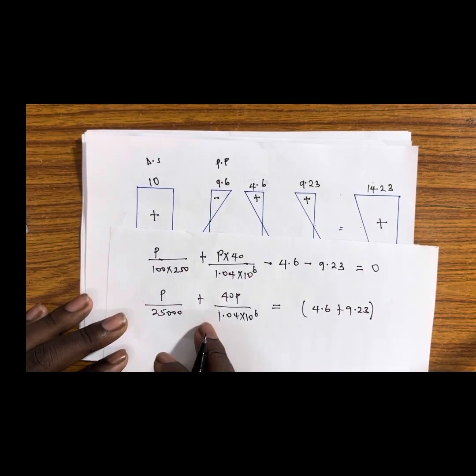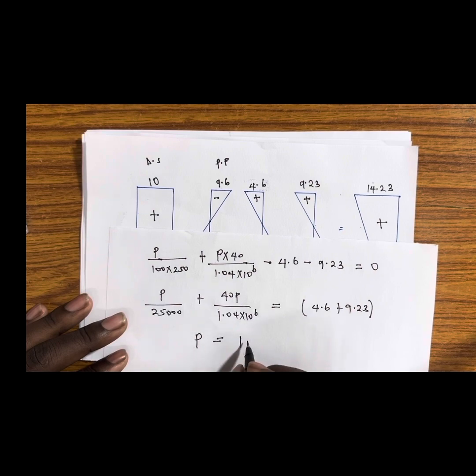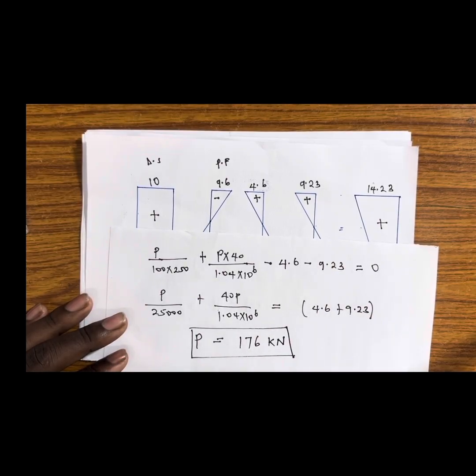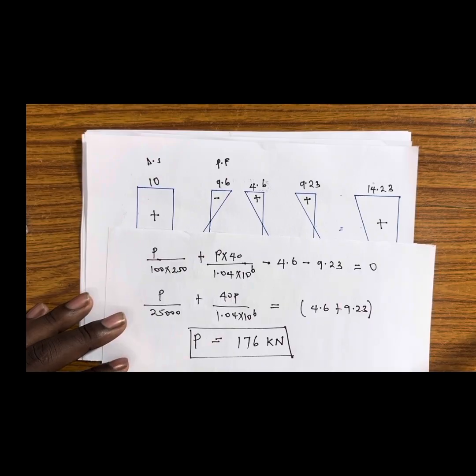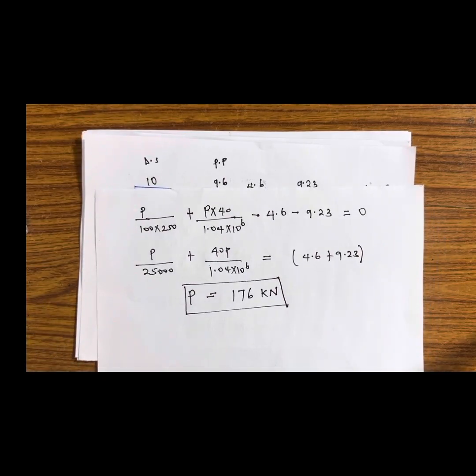So when you simplify this and divide by what you have on this side, the answer of P is coming to 176 in kilonewton. So please check on this and make sure your answer is coming correctly. So this is the end of this question.